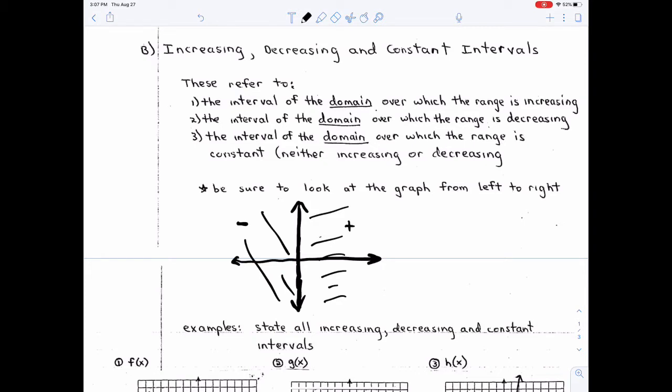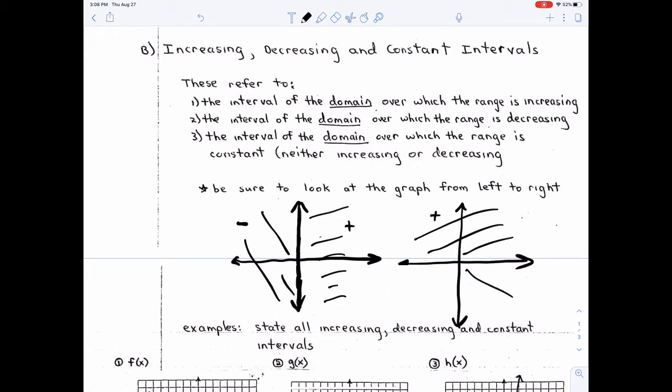Okay, well, that's domain. How about range? Your range values are positive on the top. Your range values are negative along the bottom. And along the entire x-axis, your range values are 0. Okay? Now, why do I mention this? When we think of increasing and decreasing, we think of up and down for the most part.